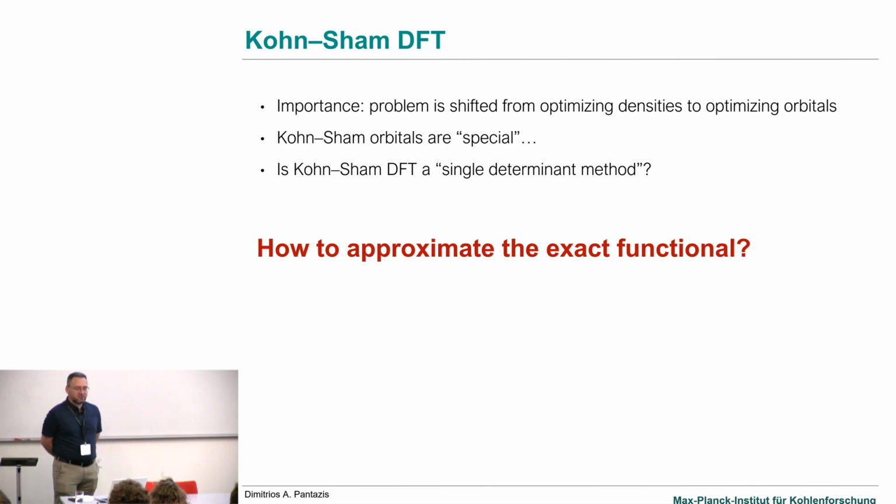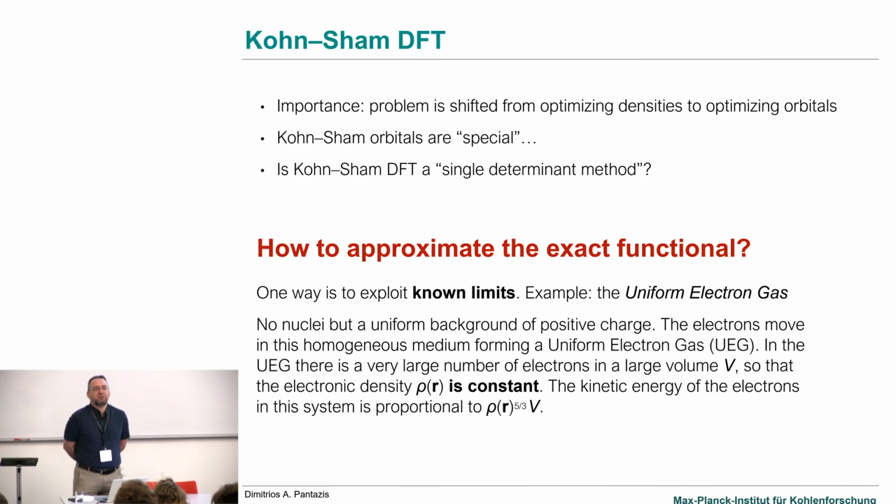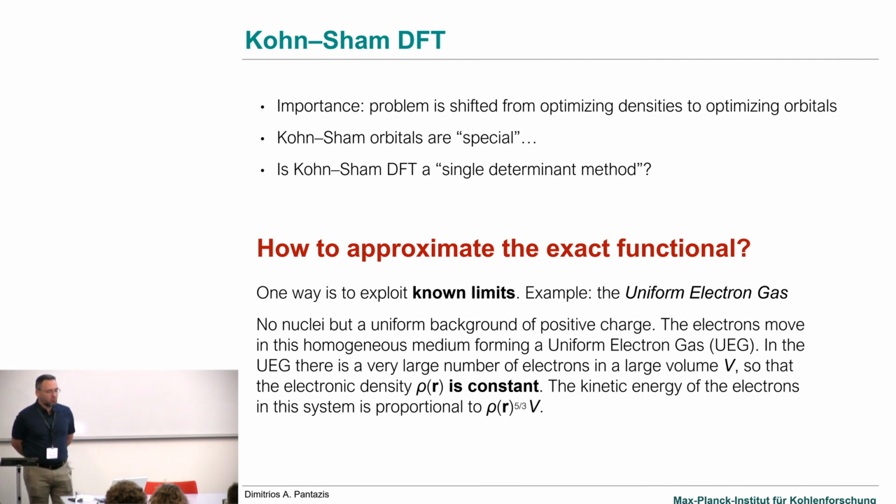What you will see is that there are hundreds and hundreds of different functionals because nobody knows how to approximate the exact functional. So the exact functional does not exist, and there are different ways of trying to create formulas that might approximate the exact functional in a better way, or in some cases. One way to approximate the exact functional is to use known limits.